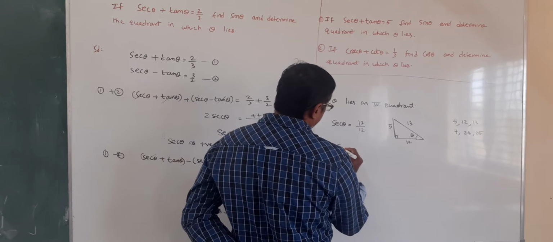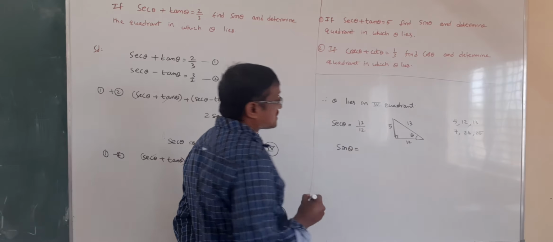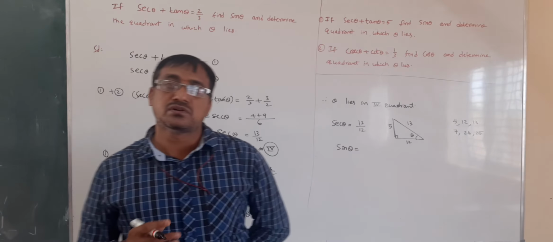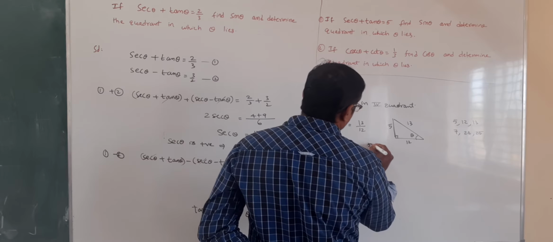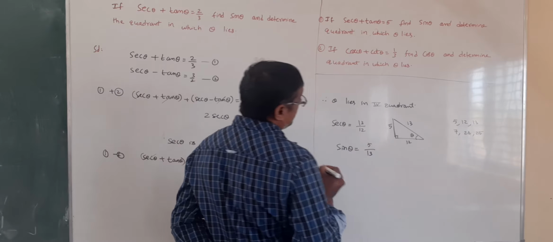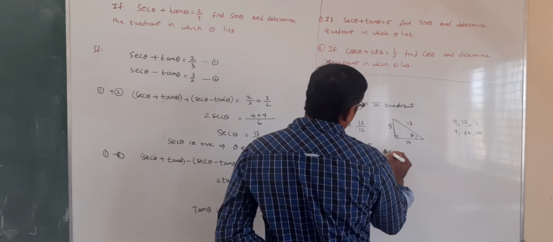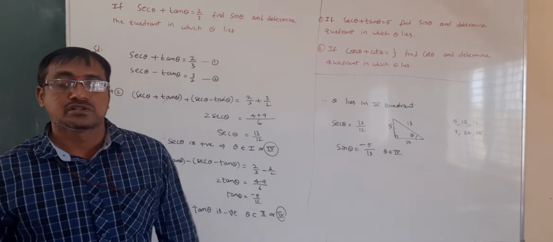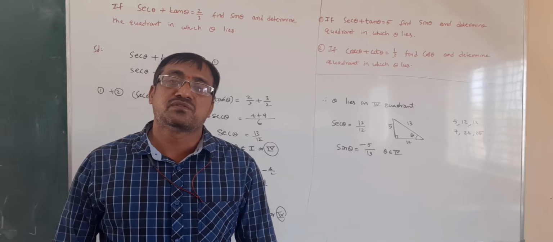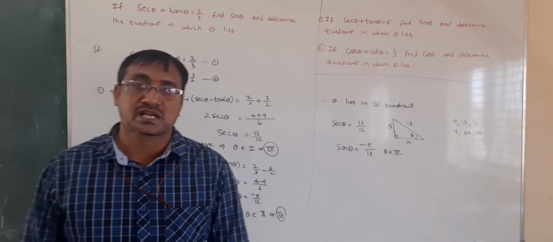Now you have to write sin theta. Sin theta is equal to opposite side to theta by hypotenuse, so it will be 5 by 13. But remember that theta is in the fourth quadrant, so sin is negative. Since theta is in the fourth quadrant, you have to write minus sin.